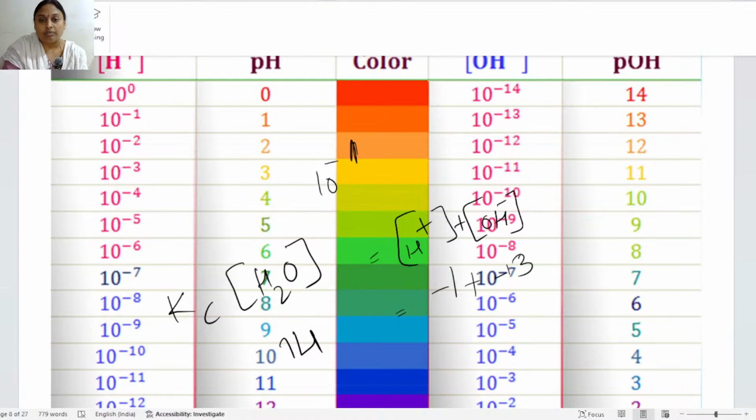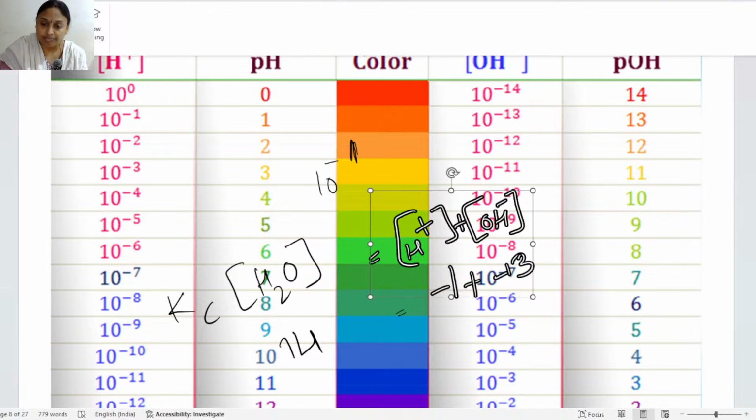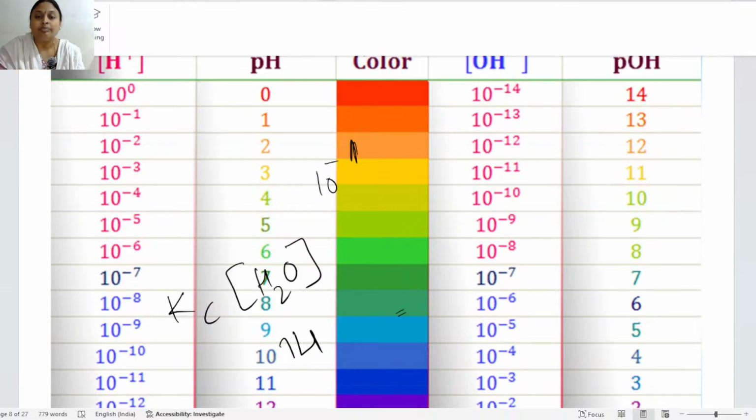Sorry, just a minute. I will give the clarity here. This 14 minus H plus ions concentration we are supposed to do. So for that, what are we supposed to take? 10 power minus 1 is given out of this. So here the remaining is OH minus ions concentration, we are supposed to take 13.